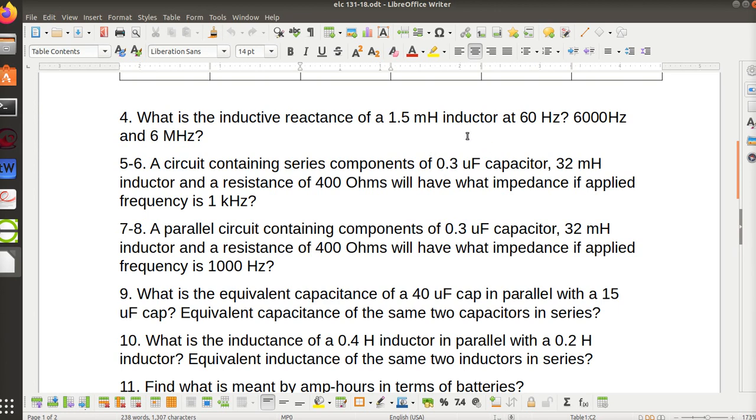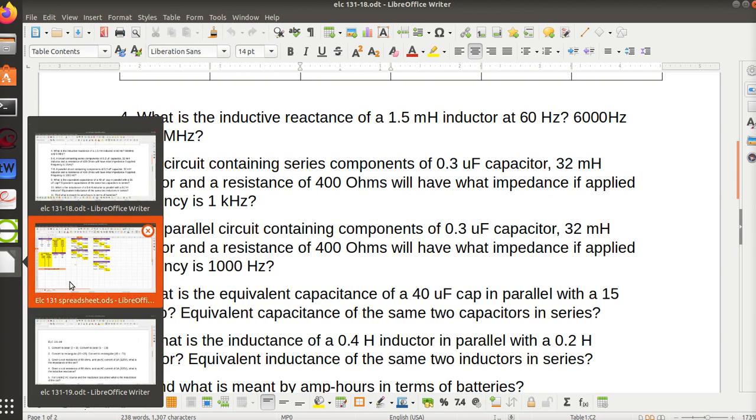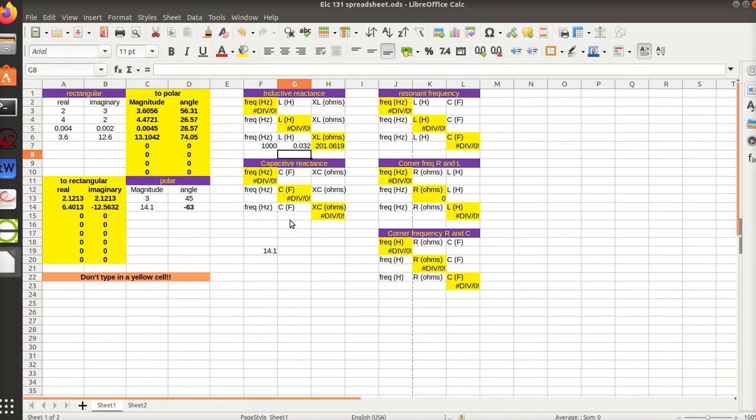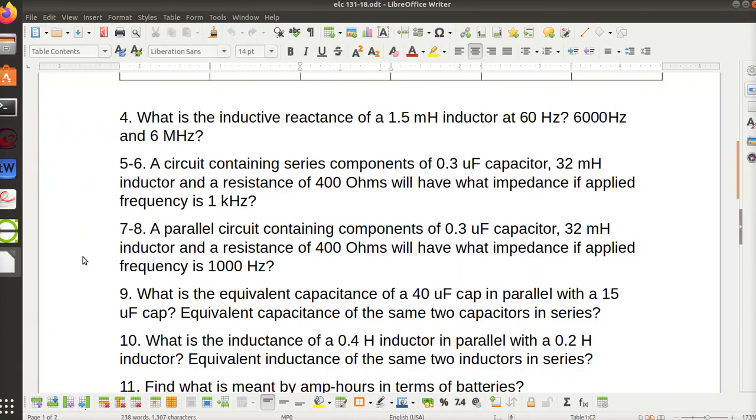And now I need to do this 0.3 micro. So I'm going to come in here. Now I'm doing capacitive reactance, and I need to know the reactance. The frequency is 1,000. And my capacitive reactance is 0.3 micro. So I'm going to move this 6 zeros. So it will be 6 zeros and a 3.